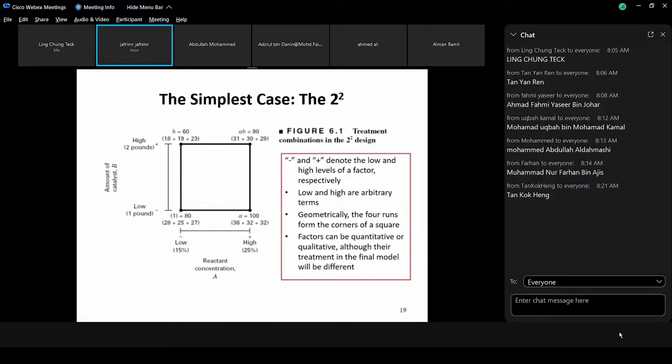Okay, these are the graphical formats from the previous example. Remember factor A, low level, high level, factor B, low level, and then they put the data in graphical form, so I hope you can visualize. For FYP students, you must have photographic memory.